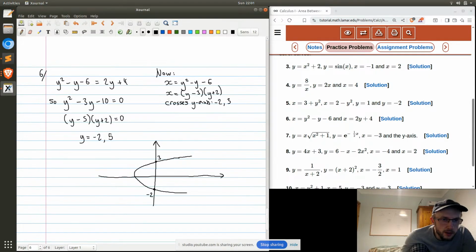It crosses at y equals -2. Did you see that? Right? So it's going to be up there.